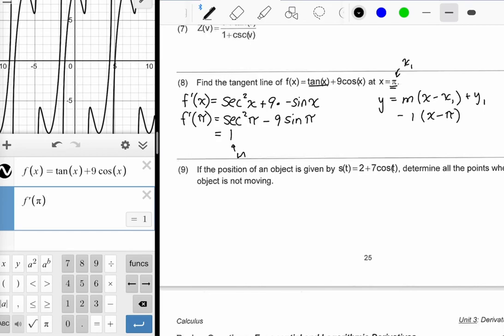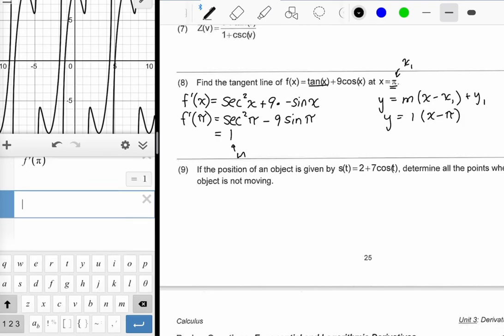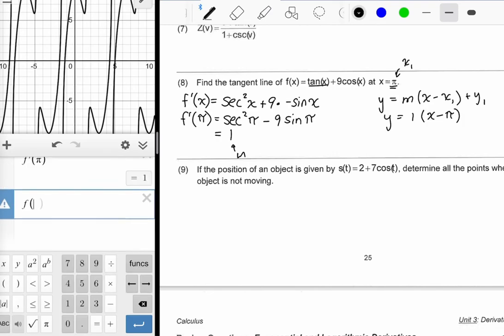The way we would get that is by evaluating the original function. So I would take f and evaluate it for when x is equal to pi, and that gives you a negative 9. So f of pi is equal to negative 9, and so that must be my y1 value. So minus 9.